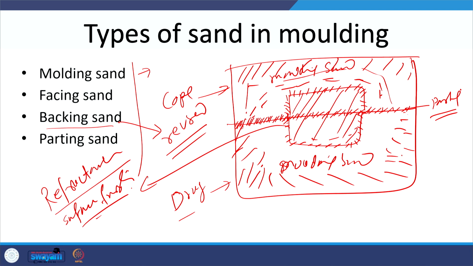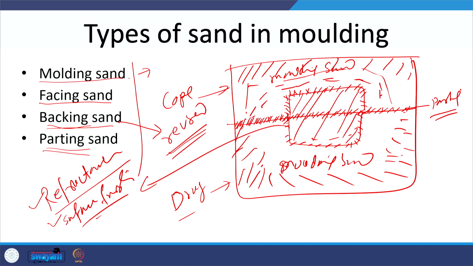So, each type of sand performs a different role. Parting sand helps in easy separation. Backing sand just provides the support; it is used as a filler. This is the reused sand, which is conditioned. Then the facing sand is applied on the mold surface for improving the refractoriness and giving a good surface finish.